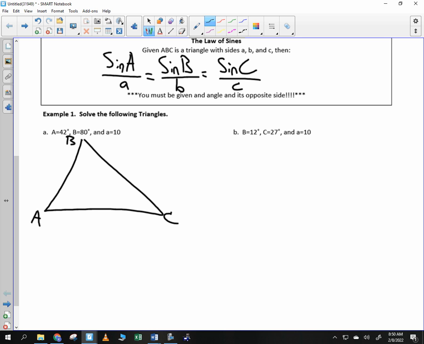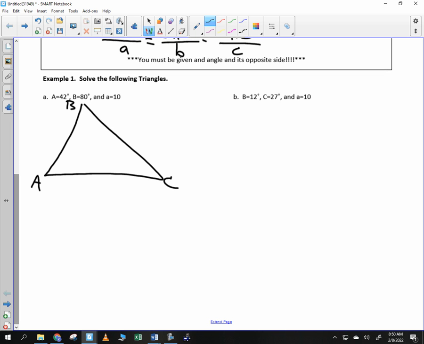We're going to make a triangle ABC, and we are going to solve this triangle. I'm going to do side A, angle A, angle B, angle C, side A, side B, and side C. So what's different about this is that you don't know that C is a 90-degree angle.